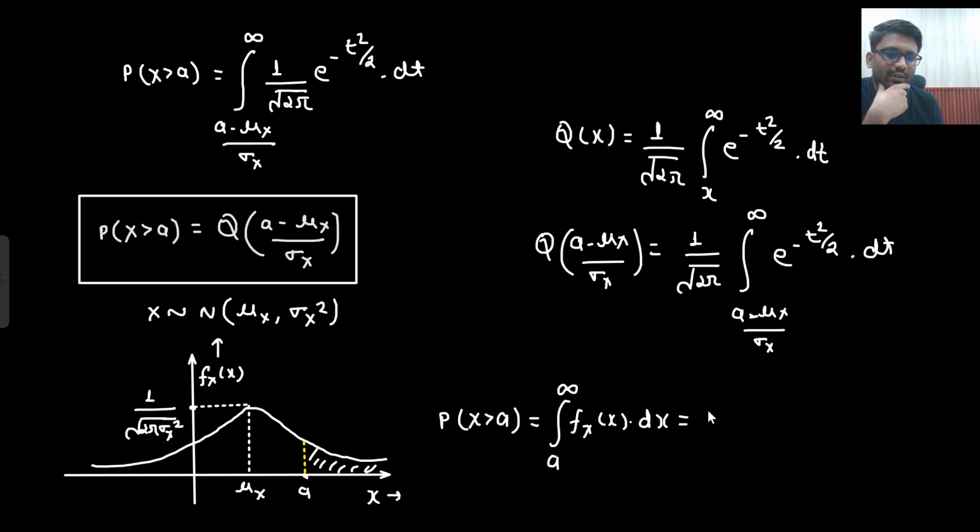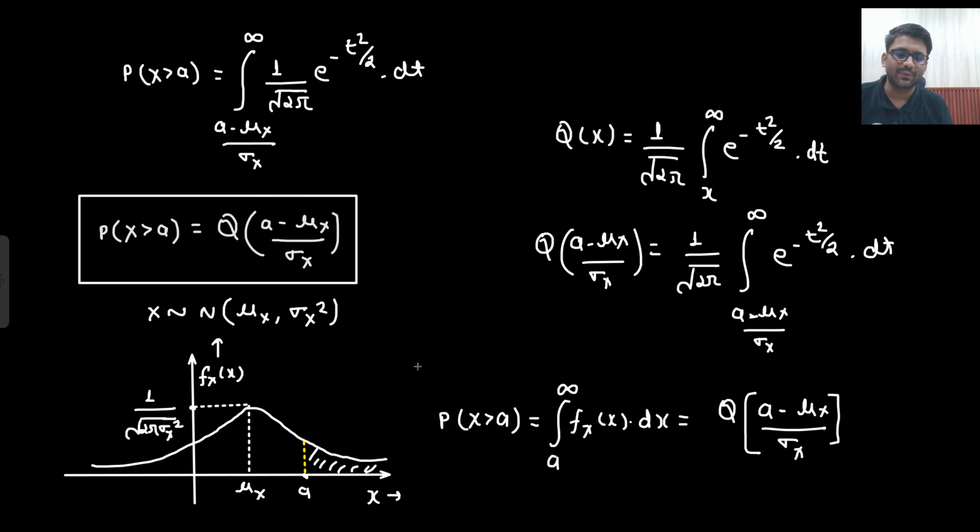And that would be equivalent to Q of a minus, you would already be knowing that mu x value, you would already be knowing that sigma x value as well. So that would be the answer.